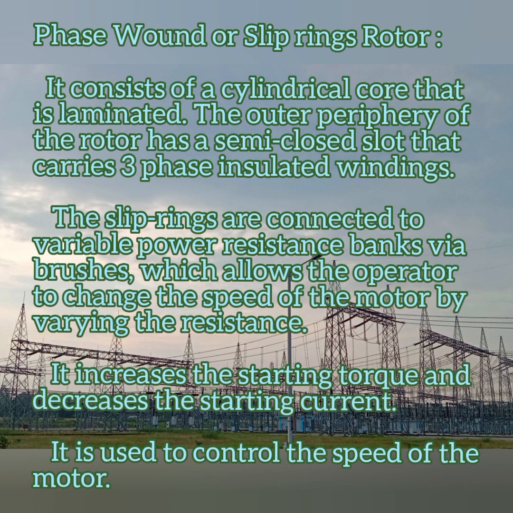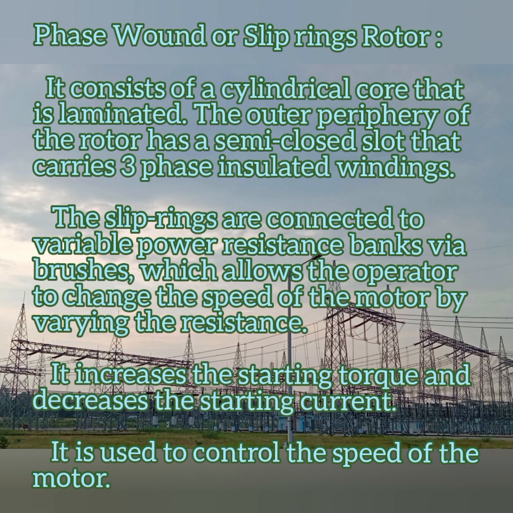Next is your phase wound or slip ring rotor. It consists of a cylindrical core that is laminated. The outer periphery of the rotor also has semi-closed slots that carry three-phase insulated windings.